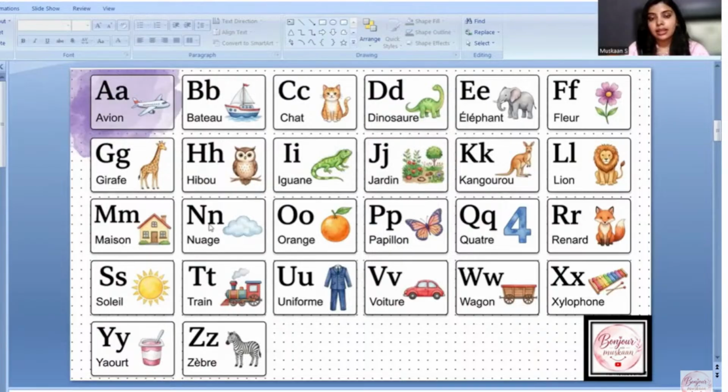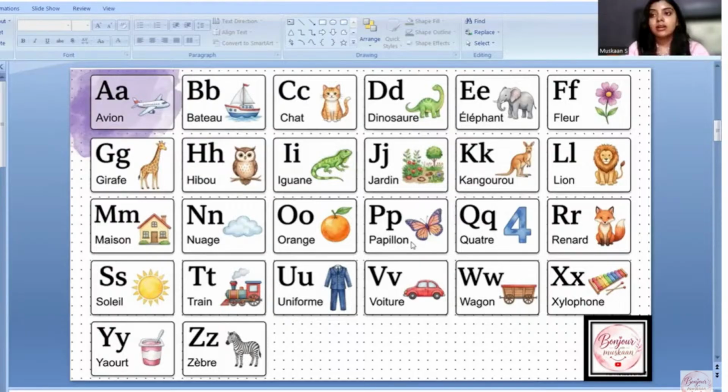P, papillon. Well, now what is this? Q, quatre. Quatre is four.